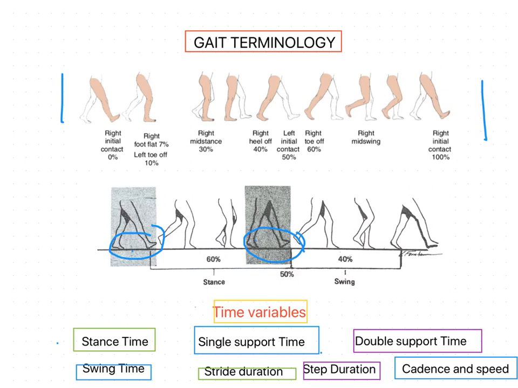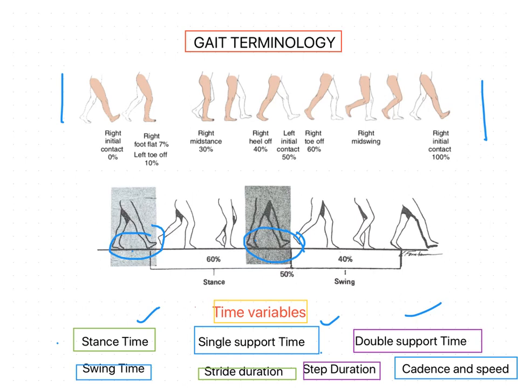The percentage of time spent in double support decreases as the speed of walking increases. This is about the double support time. We have seen stance time, single support time and double support time. Now, we'll move on to the stride duration.